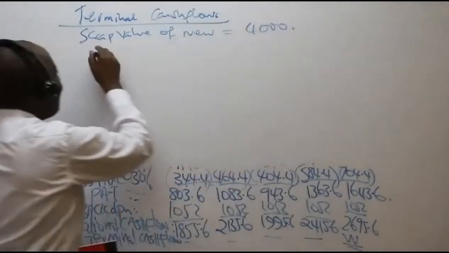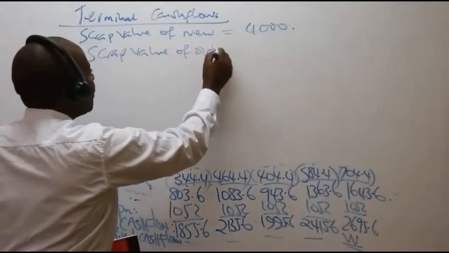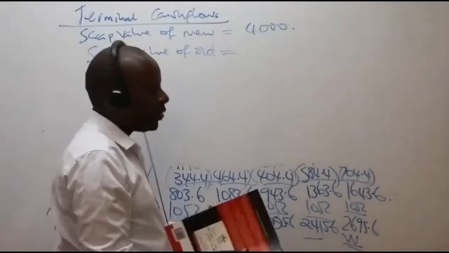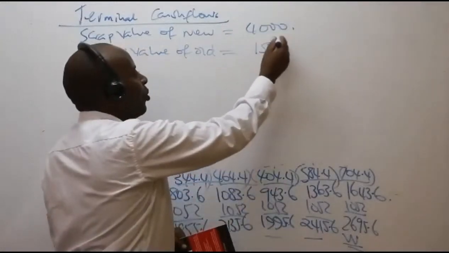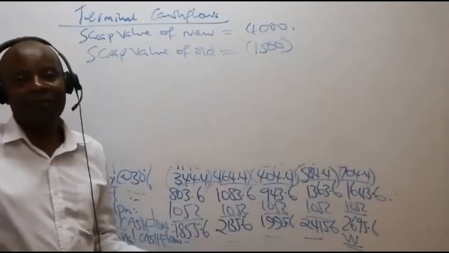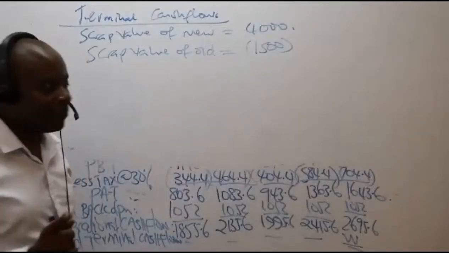And then we have the scrap value of old, which they gave me as 1,500. Remember, old is an opportunity cost. I'll lose that. If I make a replacement decision today, I will lose this money, so I'm capturing it in brackets.